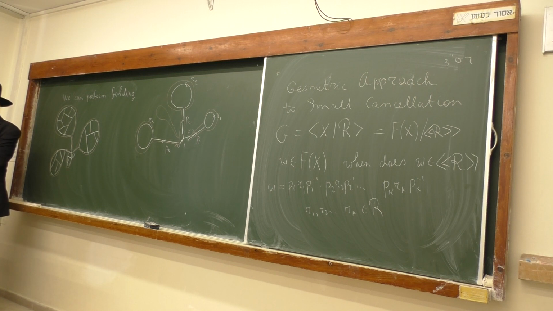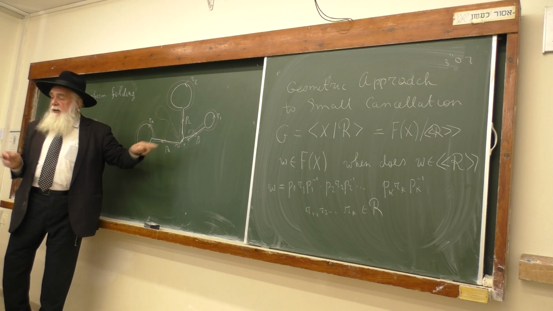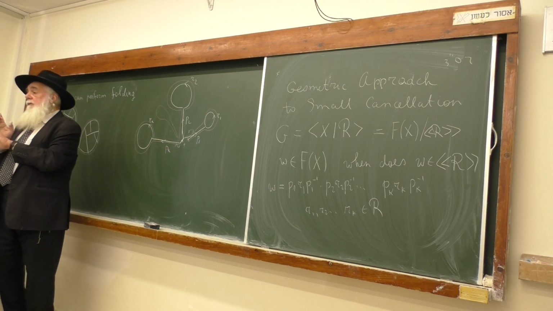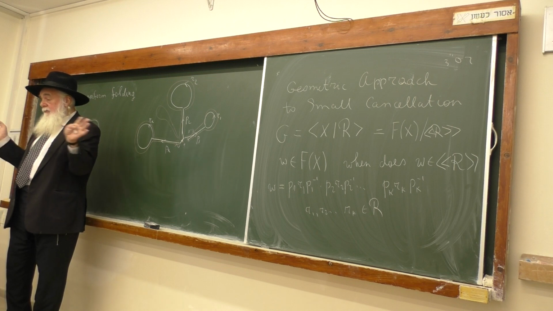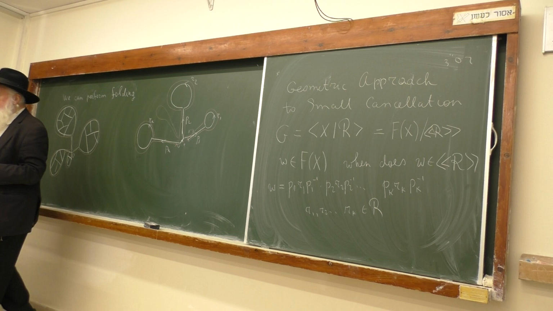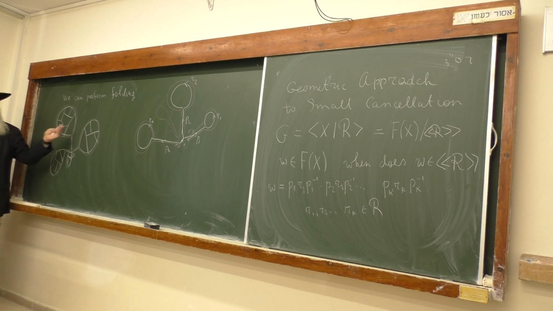Because any time we have a subword of the type x x minus 1, it means that we have a way to perform folding. The graph is finite, so the process ends, and we are left with some two-dimensional complex, which we call the Van Kampen diagram.